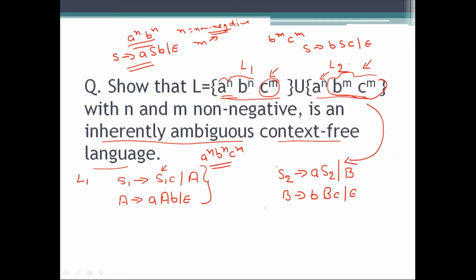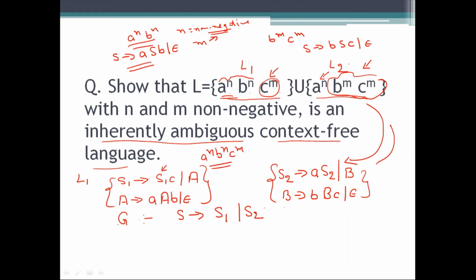Now we have L equal to L1 union L2, so these two must be combined. In what way? The combined grammar G for L is: S is rewritten as S1 or S is rewritten as S2, and you have these productions for this part and these productions for this part.